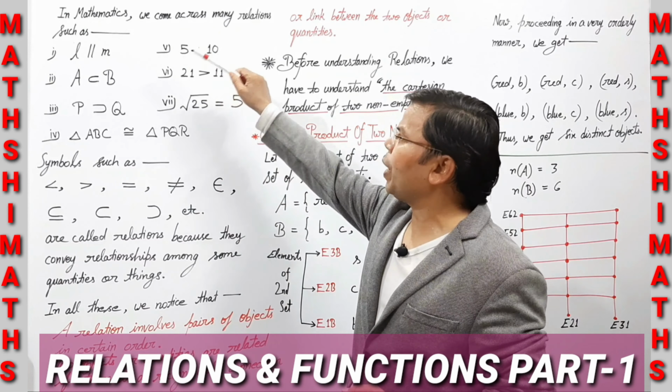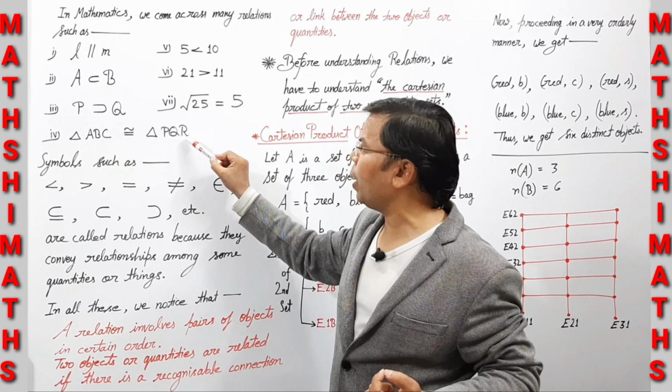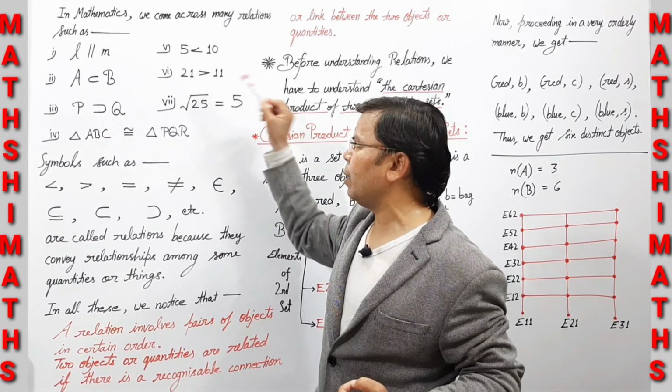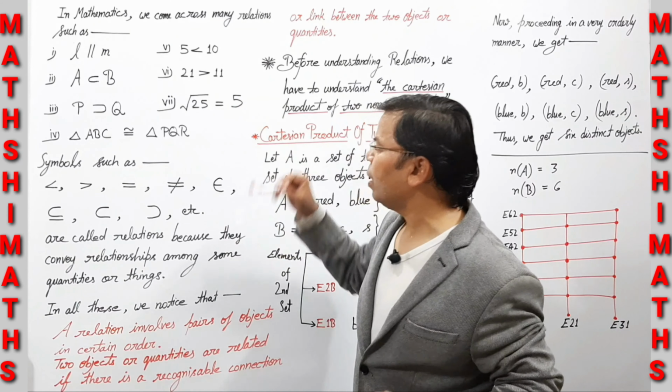In mathematics, we come across many relations such as line L is parallel to line M, set A is a subset of set B, set P is the superset of set Q, triangle ABC is congruent to triangle PQR, 5 is less than 10, 21 is greater than 11, under root 25 equals to 5.